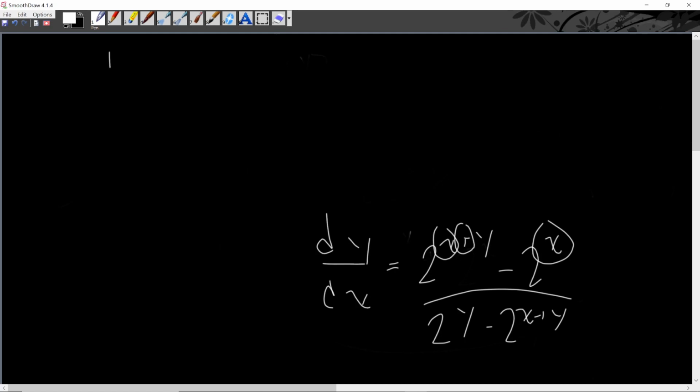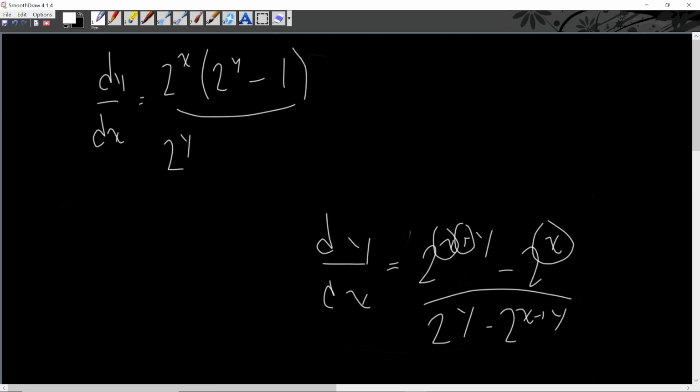So this will be dy dx is equal to 2 to the power of x times 2 to the power of y minus 1, all over, same idea down below, 2 to the power of y times 1 minus 2 to the power of x. Again, 2 to the power of x plus y, bases are the same, so it'll be 2 to the power of y times 2 to the power of x.